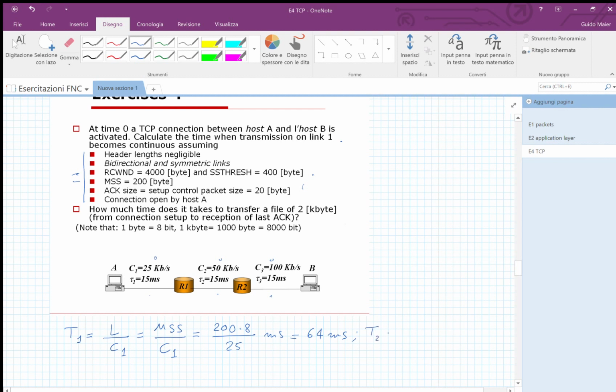Then we know that T2 will be the half, because the capacity is double, and T3 will be again the half.